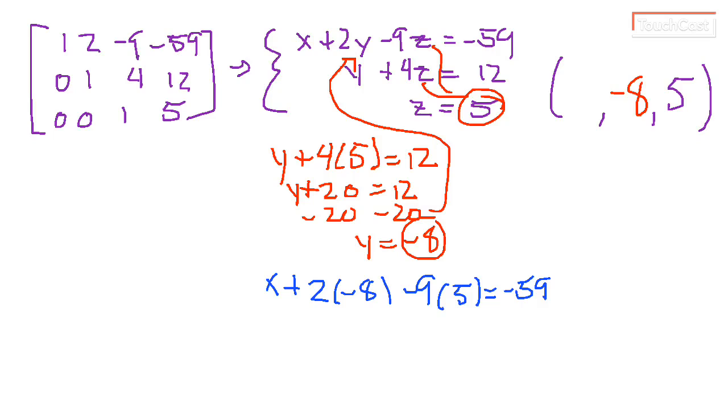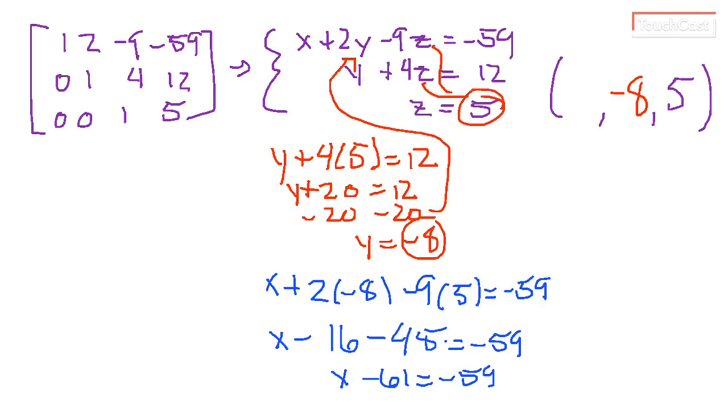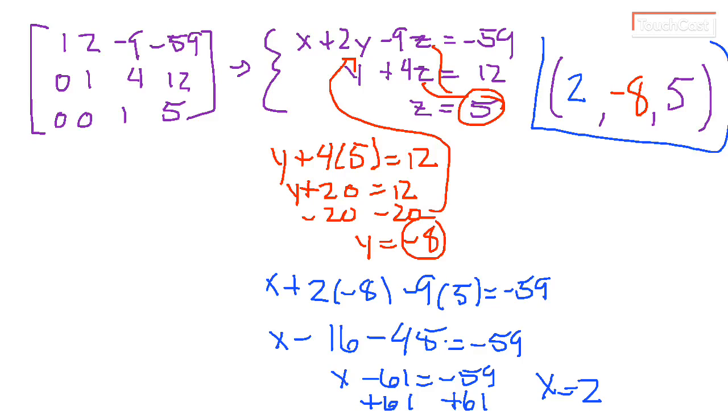Well, 2 times negative 8 is negative 16, so we've got x minus 16. Negative 9 times 5 is minus 45 equals negative 59. Negative 16 minus 45 gives us x minus 61 equals negative 59. When we add 61, we get x equals 2. So we found our solution to the system. It's 2, negative 8, 5.